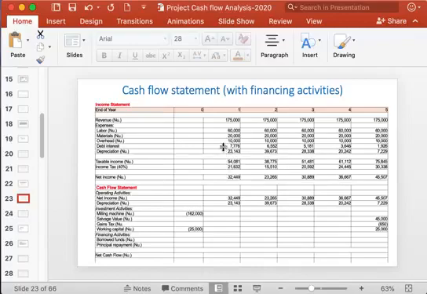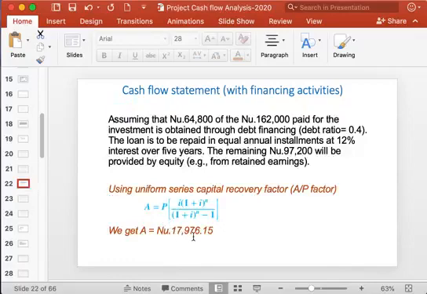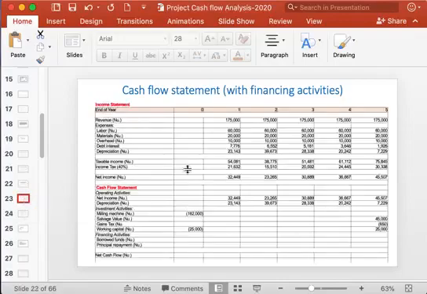The total of the interest amount every year and the principal repayment every year must be equal to 17,976.15 Newton. Okay.